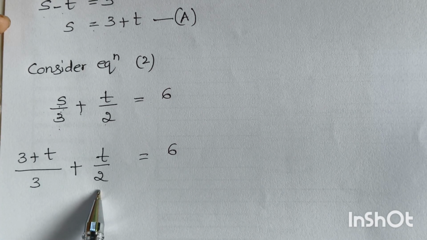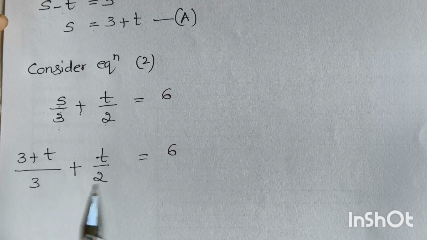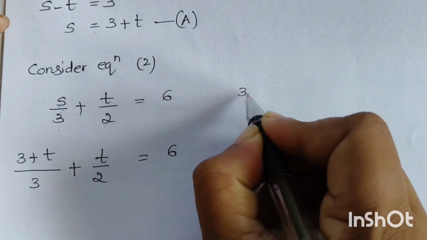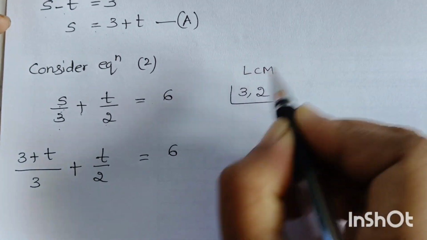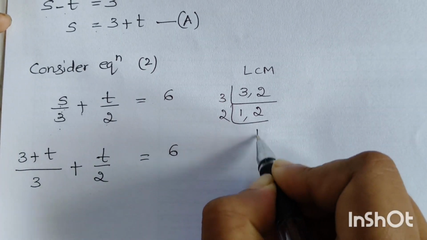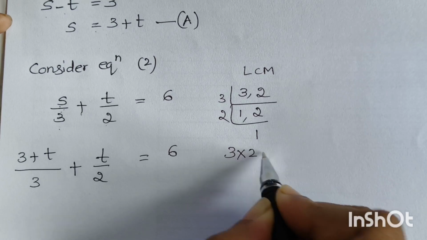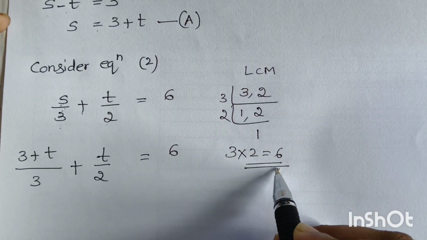To equalize the denominators, we have to find the LCM. We know that the LCM of 3 and 2 is 6. Or else you can use the LCM method: 3 ones are 3, 2 ones are 2, that is 3 into 2 is 6. This 6 is our LCM.